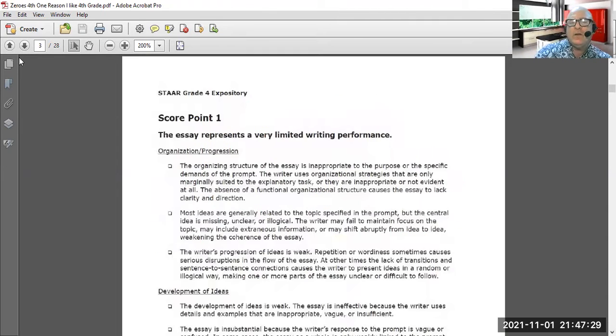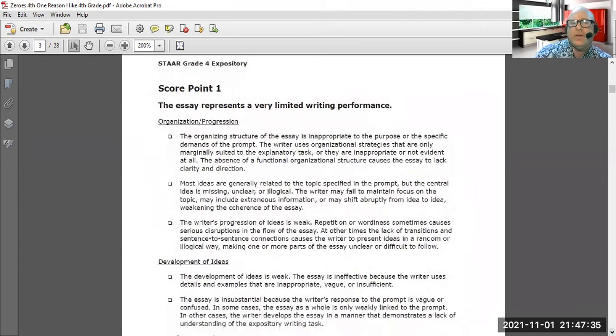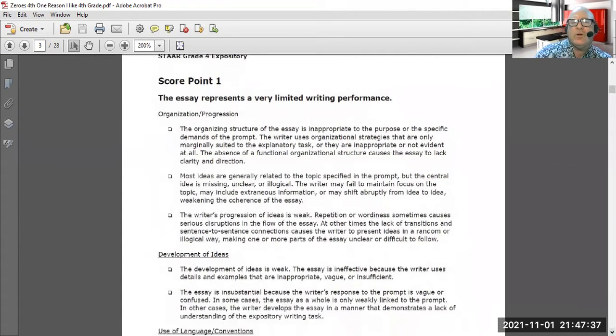Since we need to know what a 1 looks like, I highly suggest, if you're a teacher in 9th or 10th grade, use the scoring guides for a 1 to help you differentiate between what a 1 looks like and what a 0 from the page before looks like.